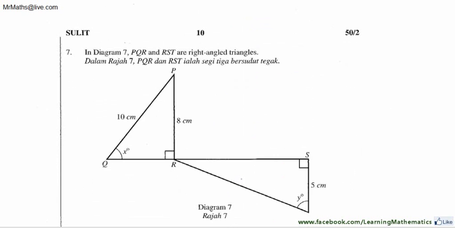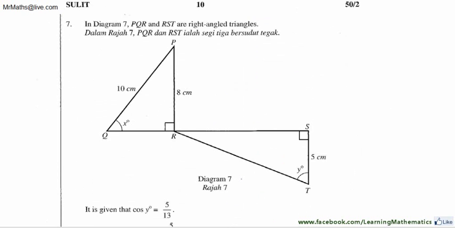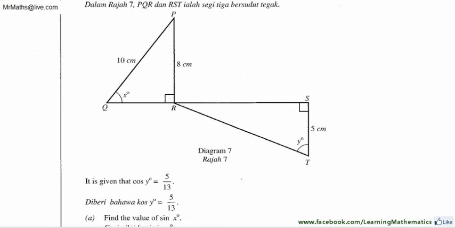Number 7. In diagram 7, PQR and RST are right angle triangles. It is given that cos y is 5 over 13. Find the value of sin x.